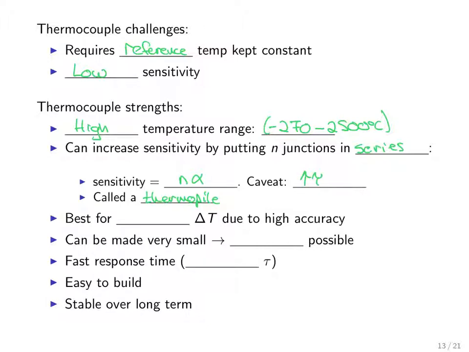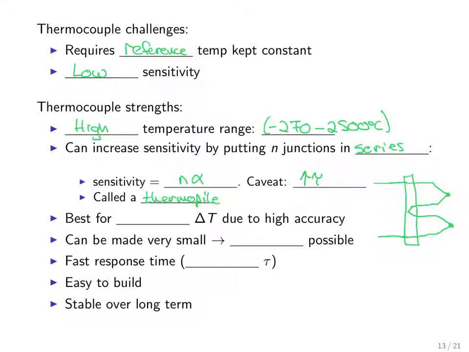So here's what that would look like. You'd have your leads coming out of the device, you'd have your common cold junction, and then you'd have multiple thermocouples in series across which you'd get a larger voltage.